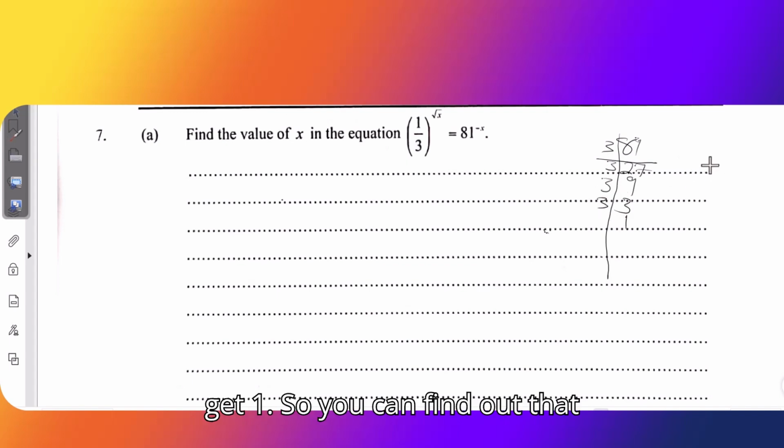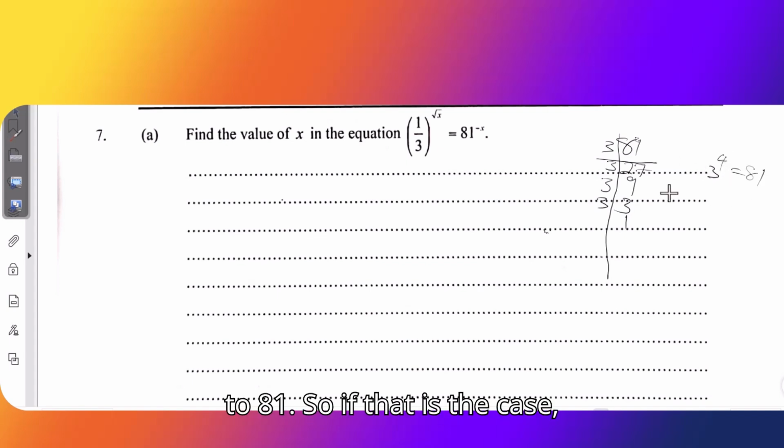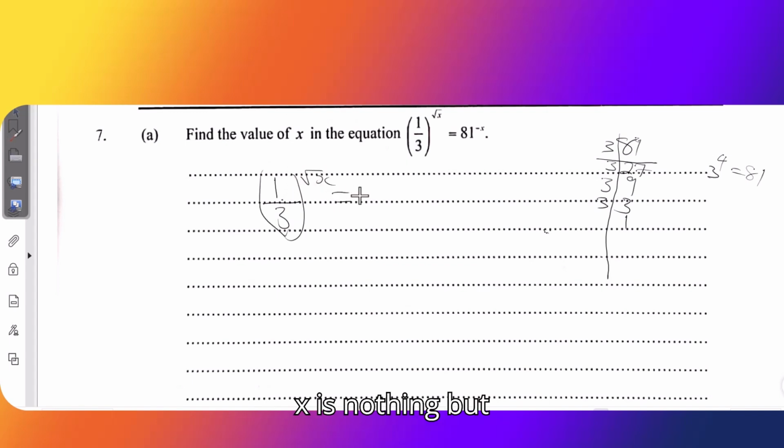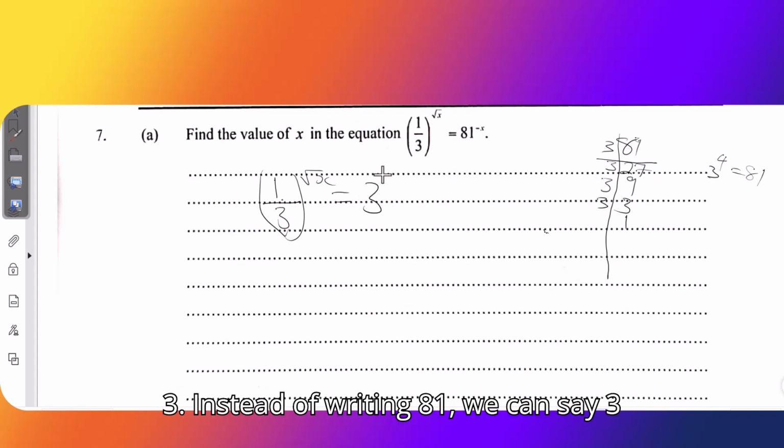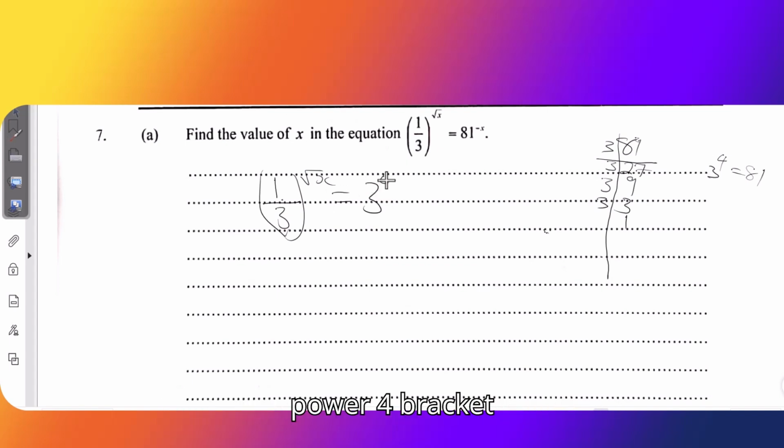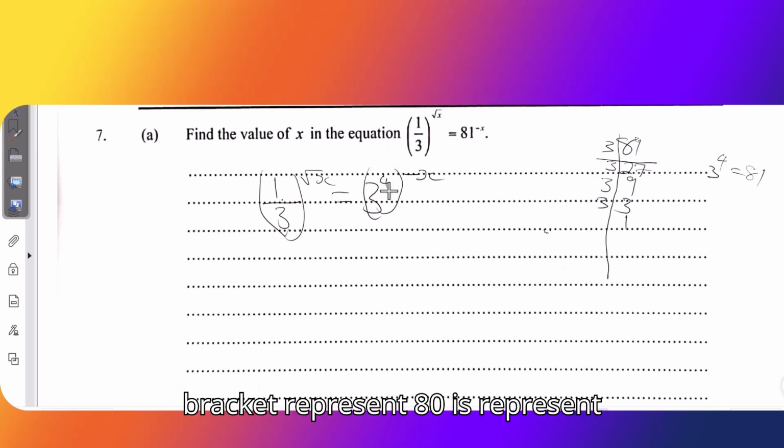So you can find out that 3 power 4 is equal to 81. So we can actually write root x is nothing but 3, and instead of writing 81, we can say 3 power 4 bracket minus x.